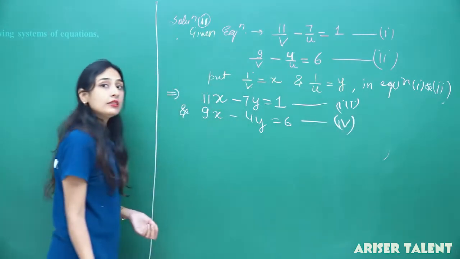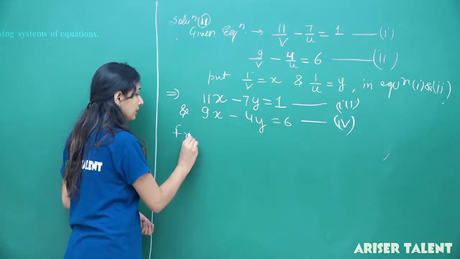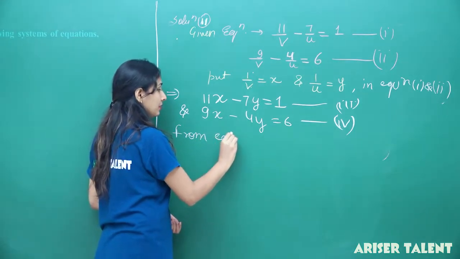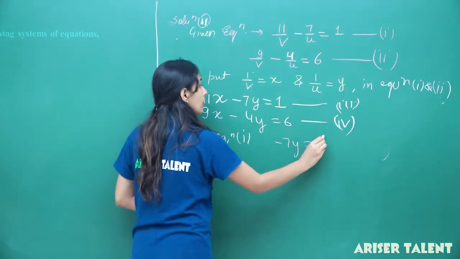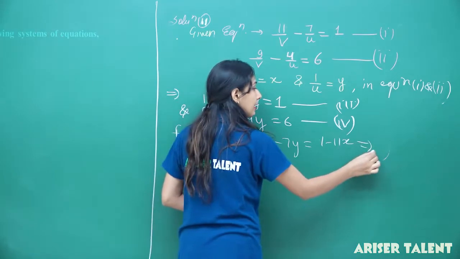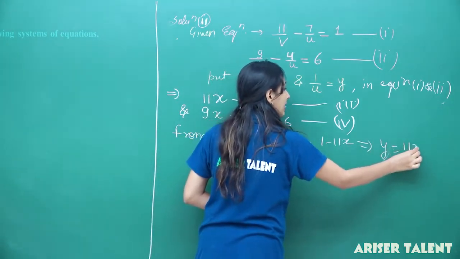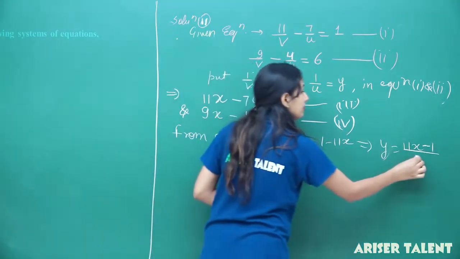Now I will be repeating the same procedure students. What will I do? From equation 1, I will be finding this: minus 7Y equals to 1 minus 11X, right? This implies that Y equals to 11X minus 1, all divided by 7.